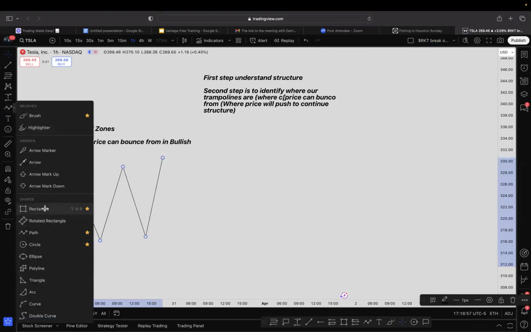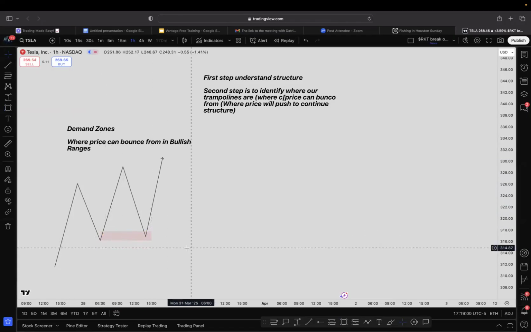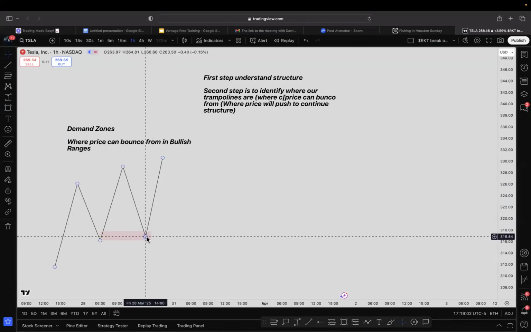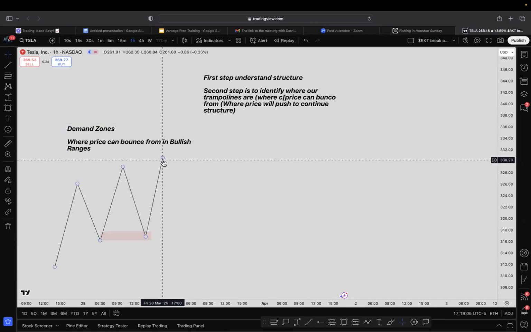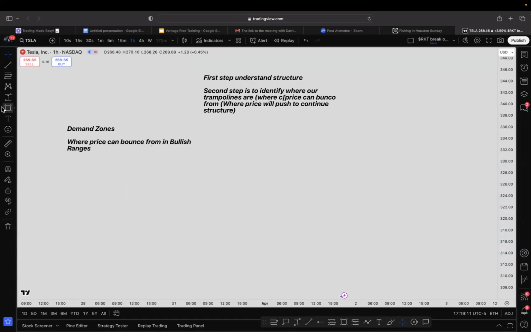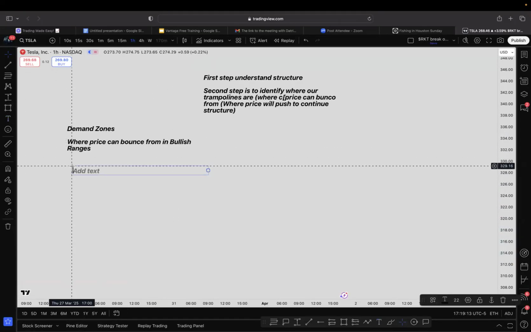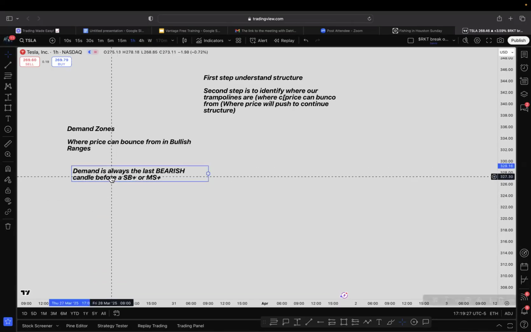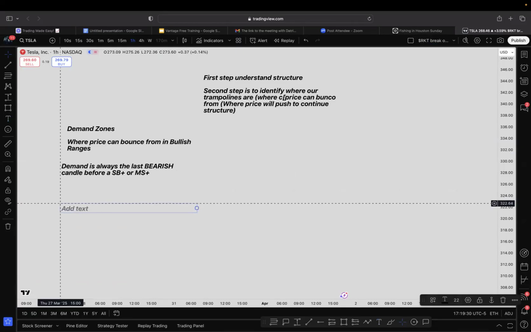If we get something like this, we saw price bounce from this area. This is where price created a low to continue structure. Now our demand zone, demand is always the last bearish candle before structure break to the upside, our market structure shift to the upside. And it's going to be the full entire candle.